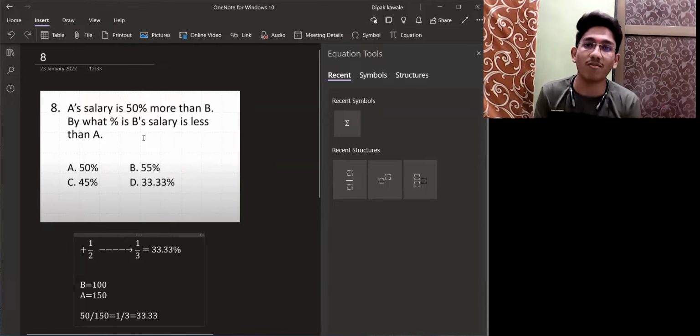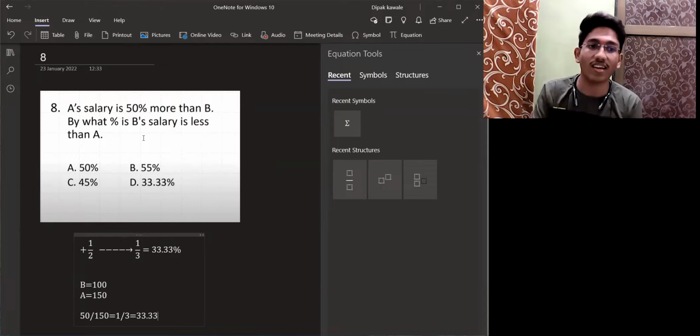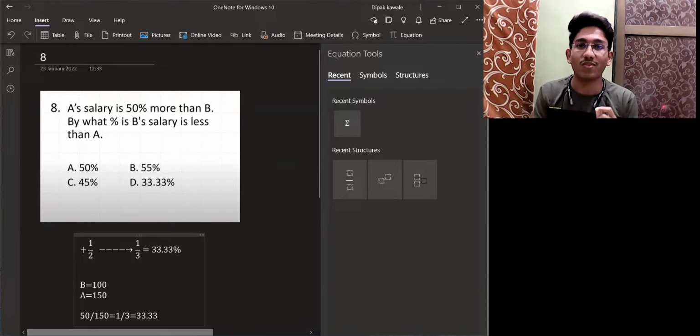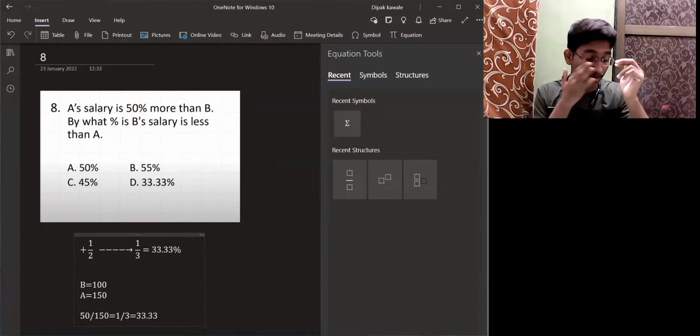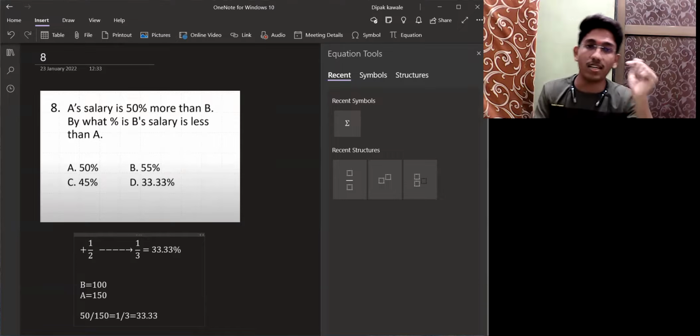Which type of problem? A to B and B to A, that relation type. Okay, so we can solve A to B and B to A type of problems with this trick, where we just want to find the fractional values, and we have to observe whether it is more or less.